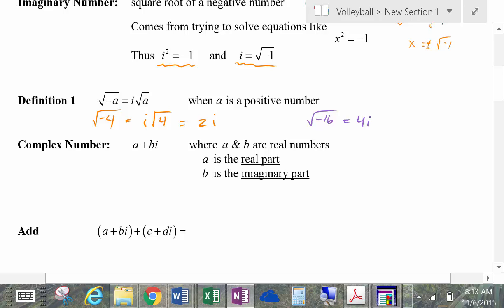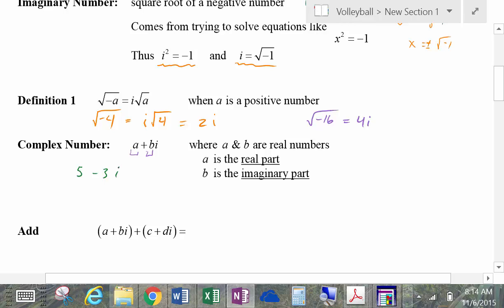All right, a complex number is always written in the form of a plus bi, where a and b are real numbers. a is called the real part, b is called the imaginary part. So for instance, 5 minus 3i.